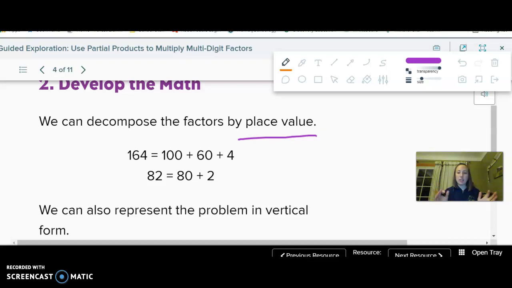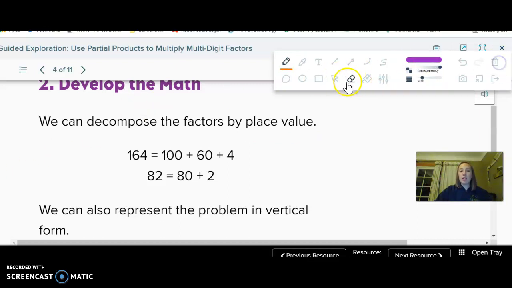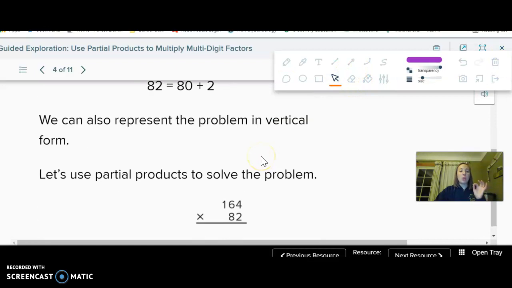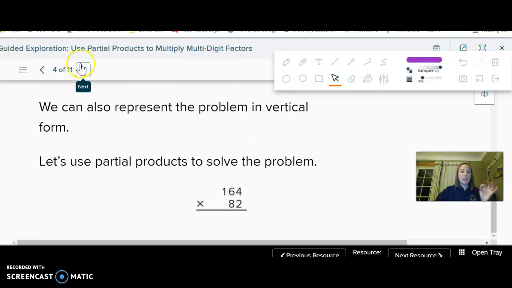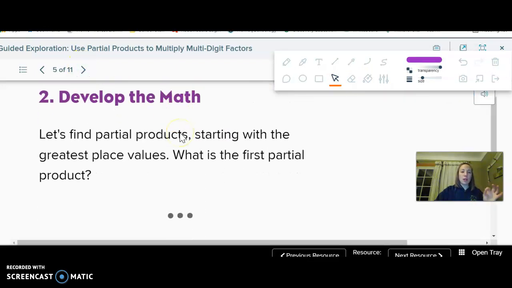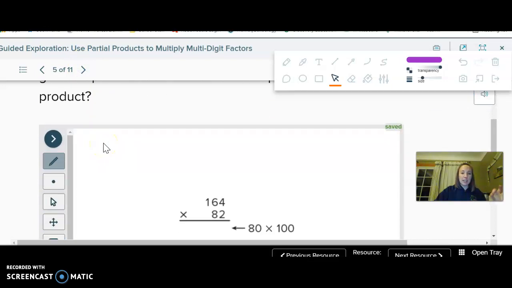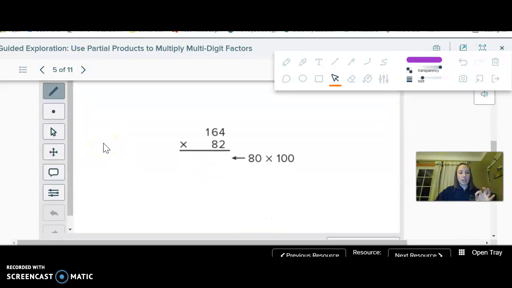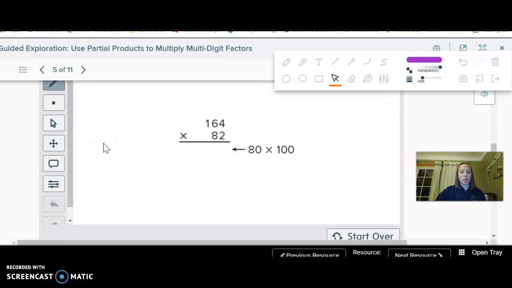I know it's a long line. It was too short to fit on the line, so I just made it the whole next line. So if we use partial products, we still think of it in expanded form. We're just doing a lot more in our mind instead of writing it down, which I think is the tricky part about partial products.